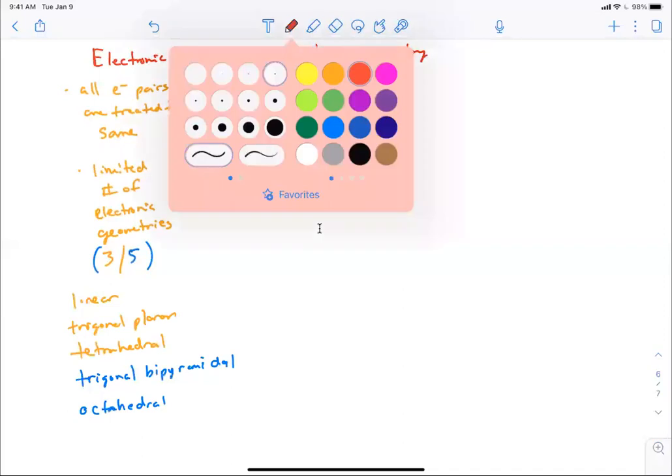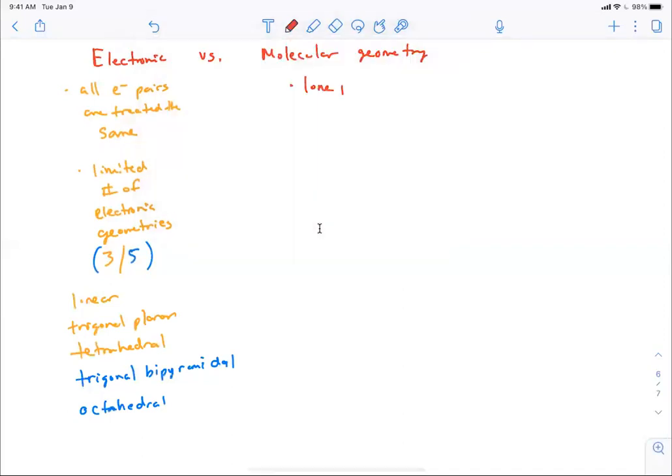Now, molecular geometry: lone pairs have more repulsion, and the shape is only defined by the atoms in the molecule.